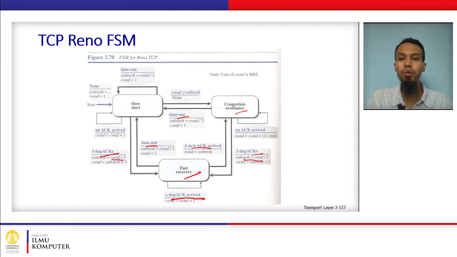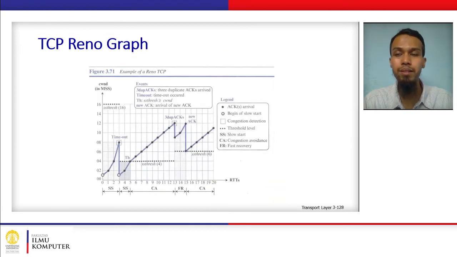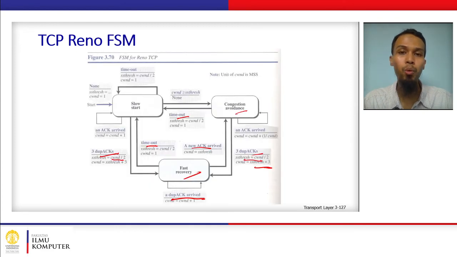But then the new congestion window will be the SS threshold plus 3. So, for example, if the last packet loss happens when the congestion window equals 8, then the new SS threshold will be 4, and the new congestion window will be 4 plus 3, which is 7.